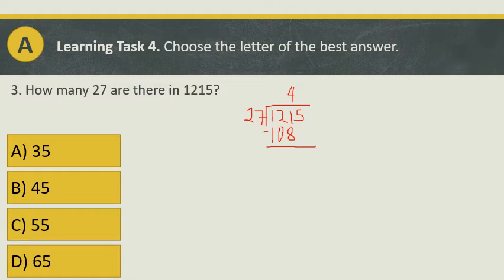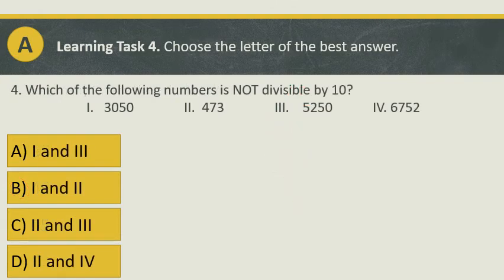So, 121 minus 108 is 13. After mag-minus, so bring down natin yung 5. So, 135 divided by 27 is 5. And 5 times 27 is 135. So, 135 minus 135 is 0. So, letter B.